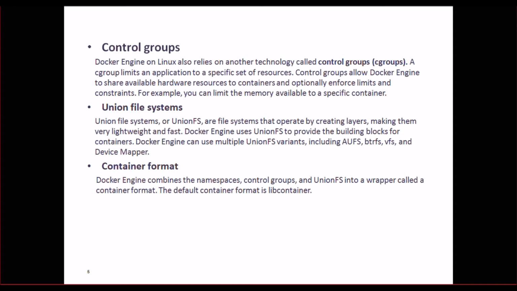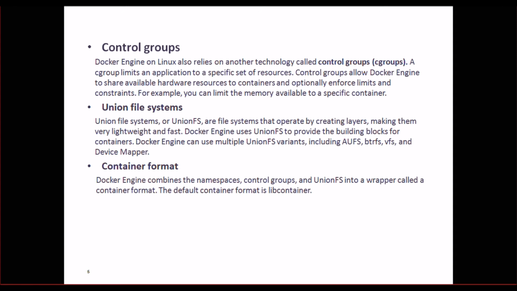So the cgroup is the component here whenever you are launching any container, and it would allocate a specific amount of memory and CPU to those containers. You can even limit the memory available to a specific container if you want. Then go ahead and limit the CPU utilization and the memory utilization for the specific container. So this is the work of control group.